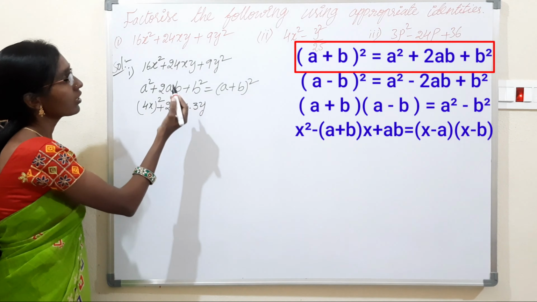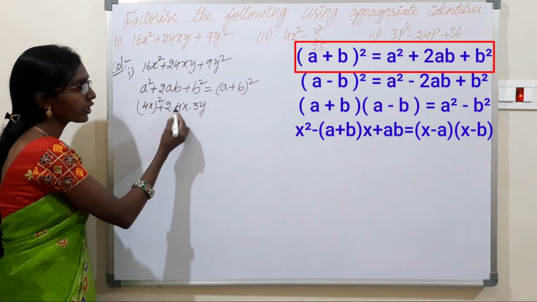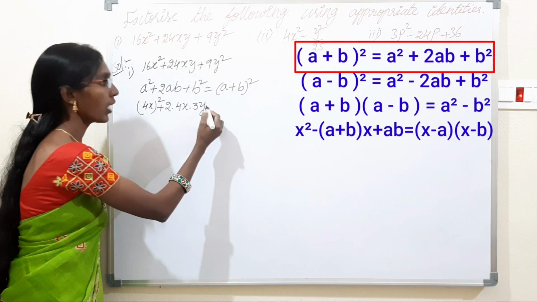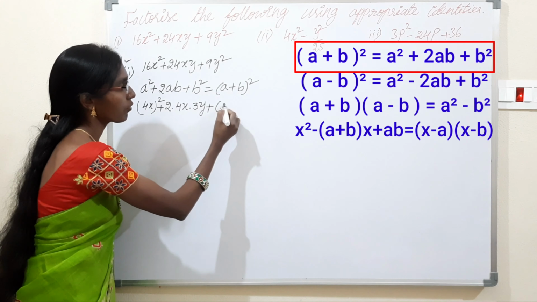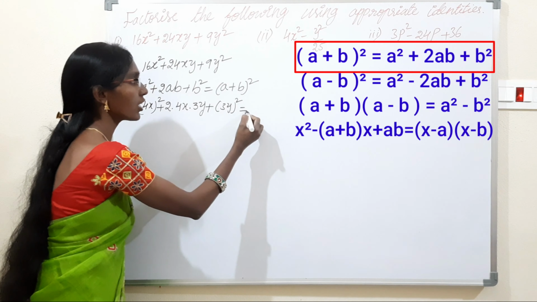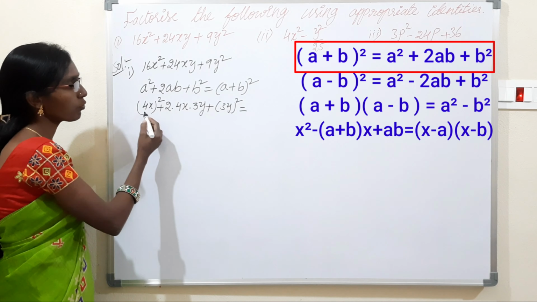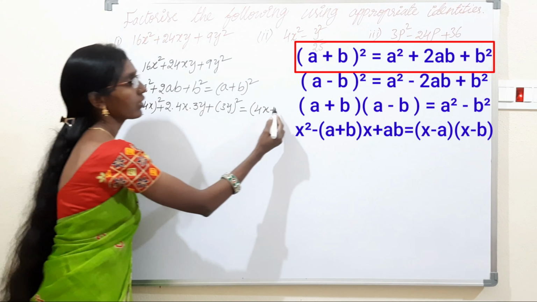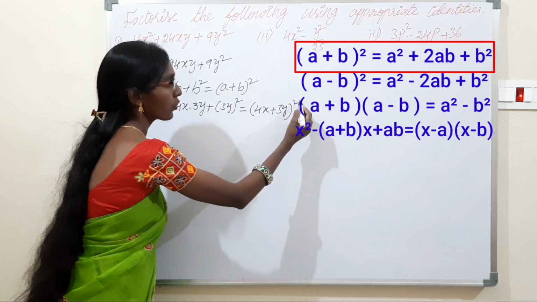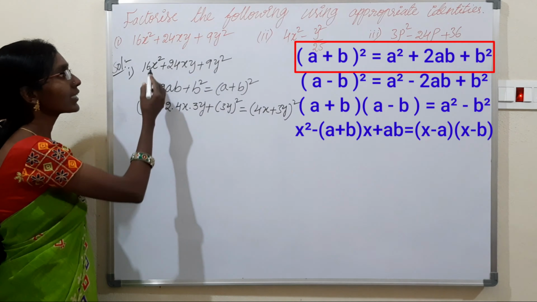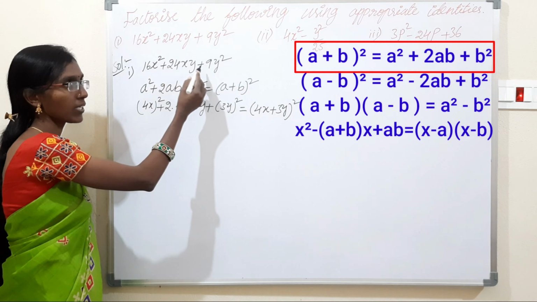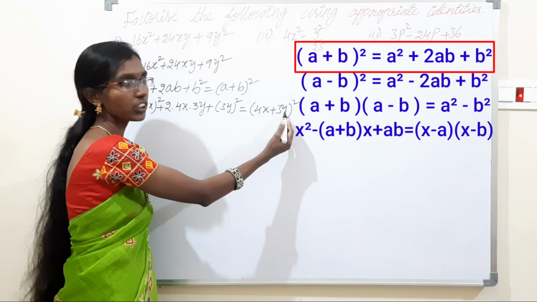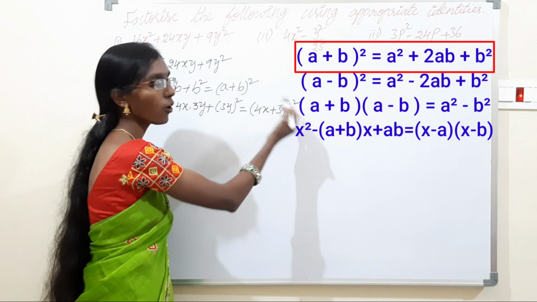Now check whether you will get 24xy or not. 2 into 4 is 8. 8 into 3 is 24. 24xy plus b square, that is 3y whole square, which is equal to, in the place of a we have 4x, so 4x plus, in the place of b we have 3y, whole square. Therefore, the factors of the polynomial 16x square plus 24xy plus 9y square are 4x plus 3y into 4x plus 3y, which is nothing but 4x plus 3y whole square.